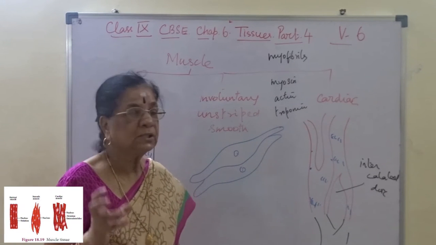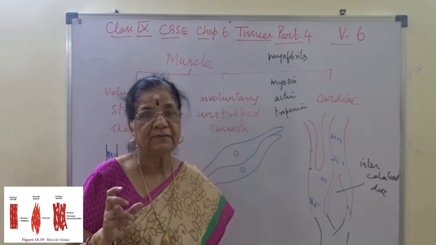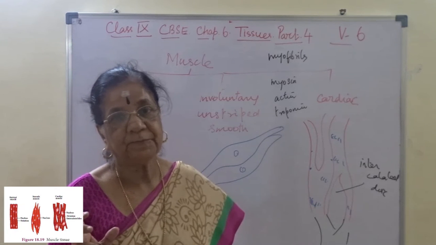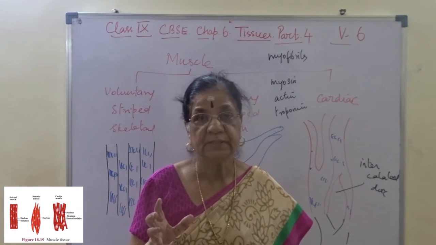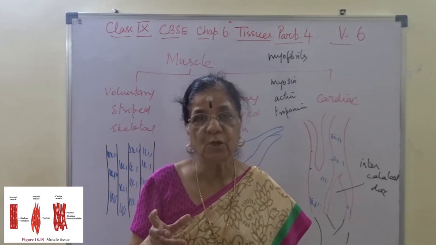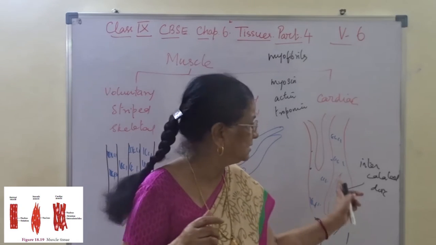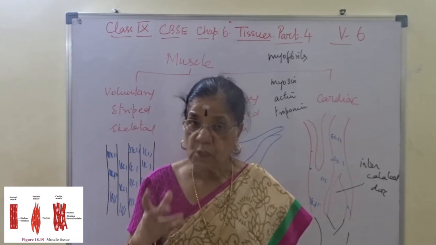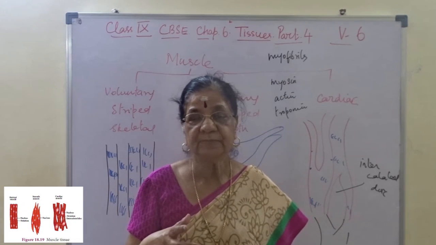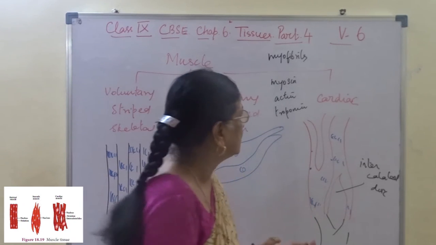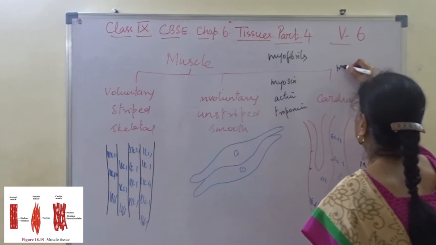Now this cardiac muscle has a special feature, as it can initiate the heartbeat. The rhythmic activity of the heartbeat is initiated by the cardiac muscle. In most higher organisms, the heart is a myogenic heart.